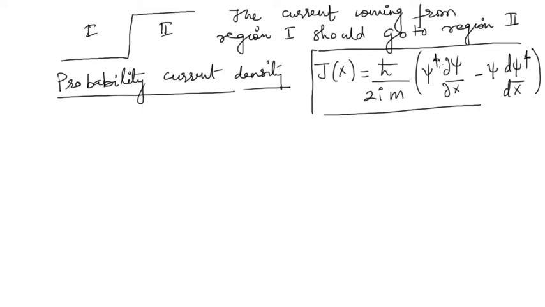And here you can see that if this is a complex number z, then this is z star, the complex conjugate of that. Yes, and z minus z star gives 2 times the imaginary part of z. So I can also write j of x as h cross upon m times the imaginary part of psi star del psi by del x in a much cleaner way.